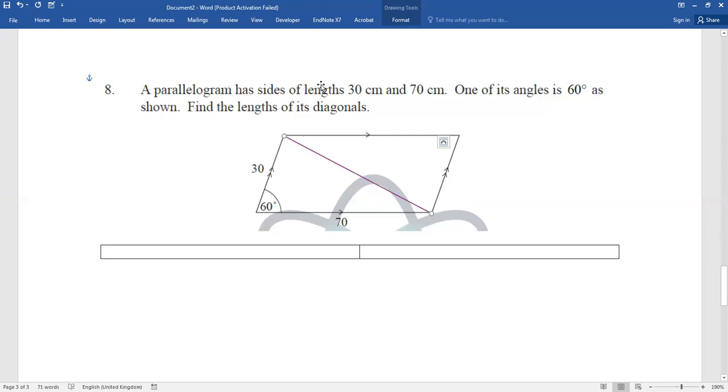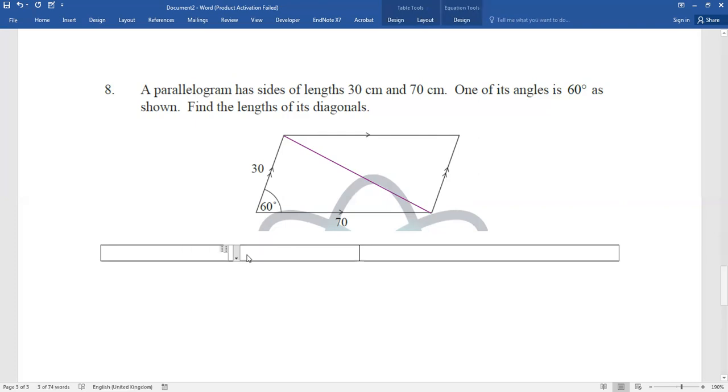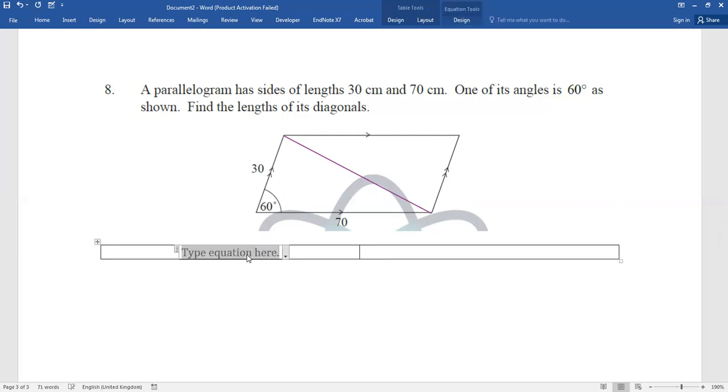Now, is this a triangle? You use cosine rule for length. Very good. So what did you check for? You knew the remaining two sides and you knew this angle. This is a triangle that you formed. Let me call this diagonal D1.